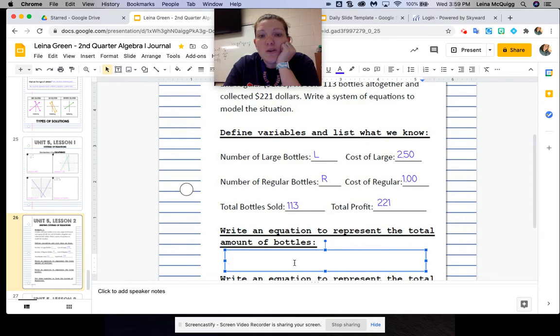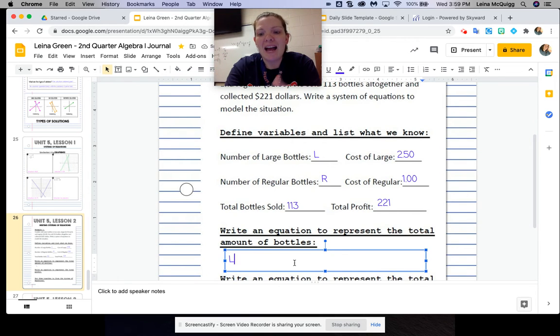So we sold a total of 113 bottles, and that's a combination of the number of large bottles we sold and the number of regular bottles we sold, right? So let's write that in algebra. The number of large bottles we sold is represented by L, so I'm going to put an L here.